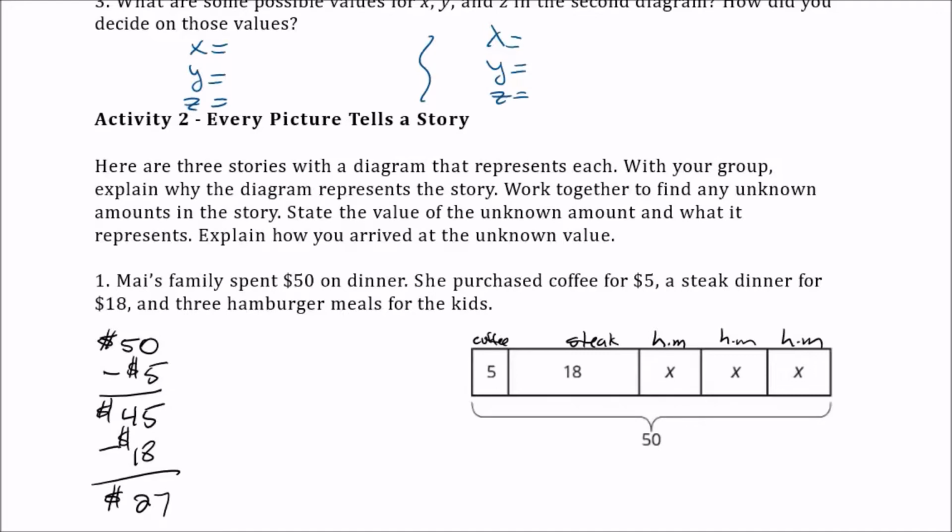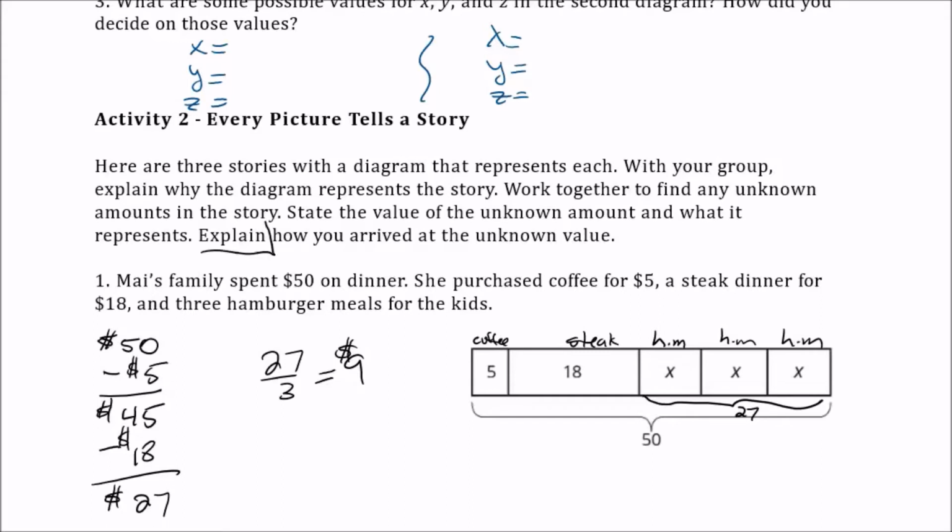So $27 would represent the cost of the 3 hamburger meals. I would just have to divide that by 3 to figure out how much each hamburger meal cost, and that would be $9.